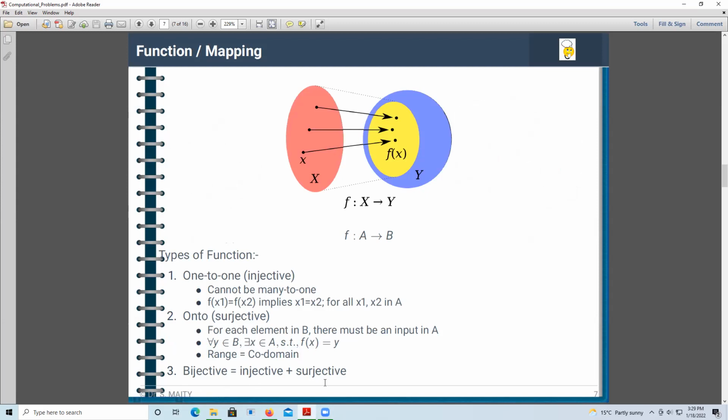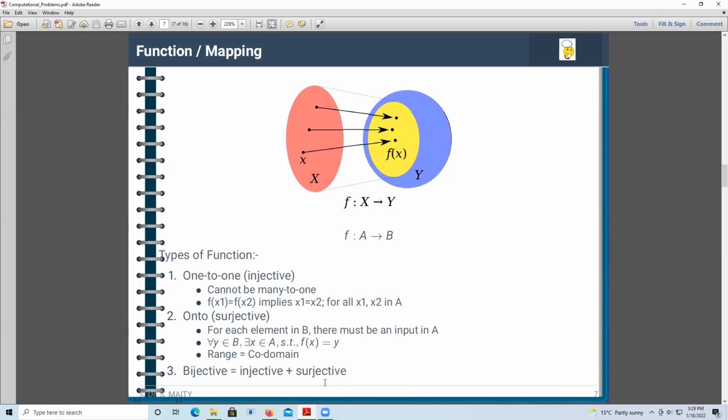That means for every single input, you are getting only one output. That is the property of a function, any function. But for any output, you are getting only one input.